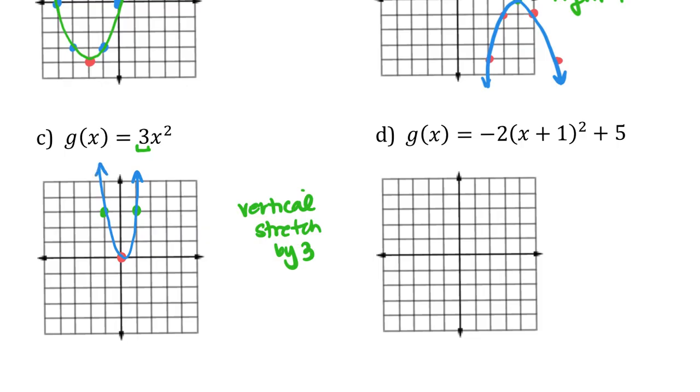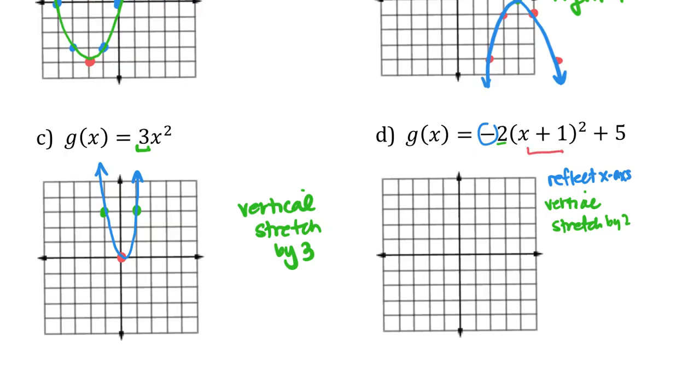Okay, one more. Okay, we have a lot going on here. Let's see, there's a negative, so reflect over the x-axis. Also a 2, so this is a vertical stretch by 2.